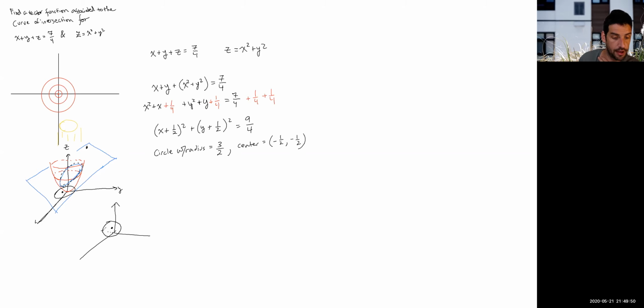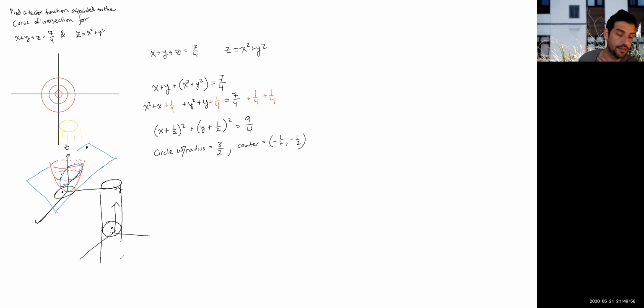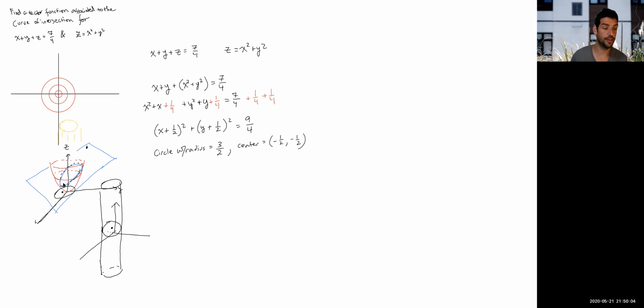Something like this. Well, it's a cylinder. If z doesn't show up in the equation, then z can be anything. So we can extend this cylinder in the vertical direction, and this curve that we're after, that I drew up here, is going to live on that cylinder. Okay, that's the idea.